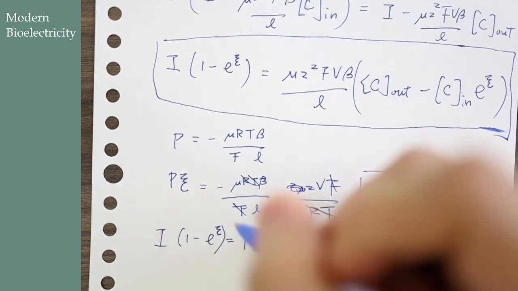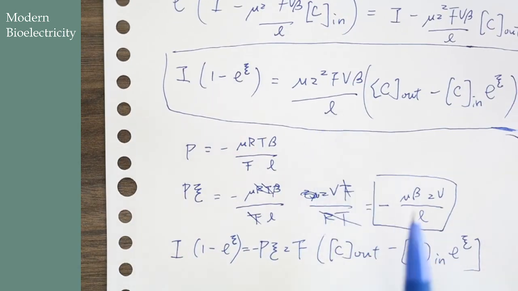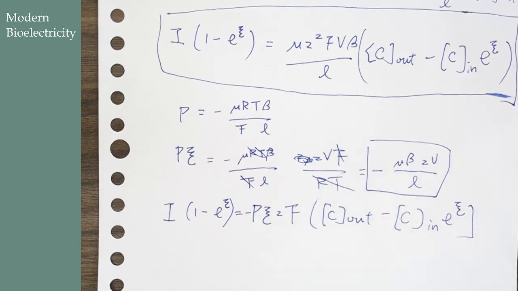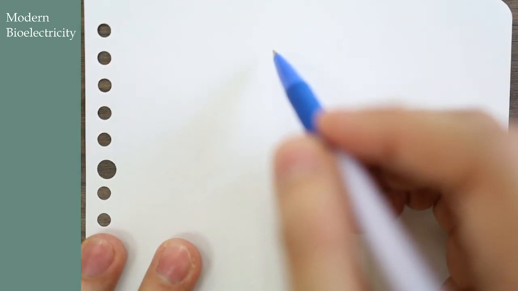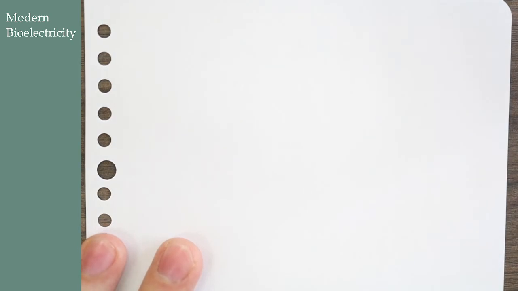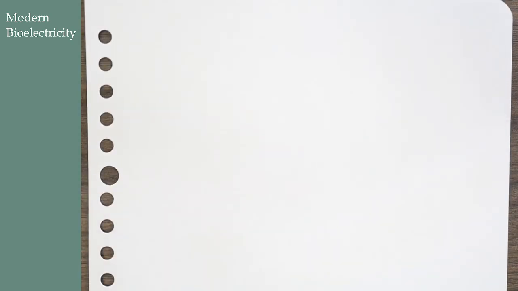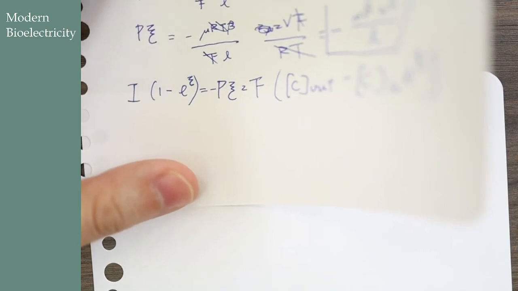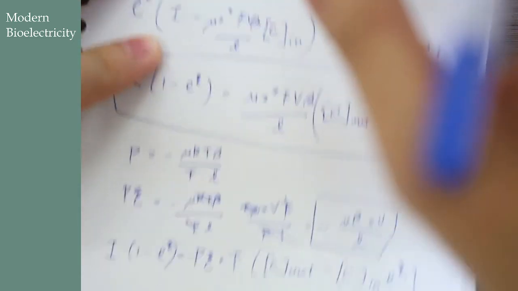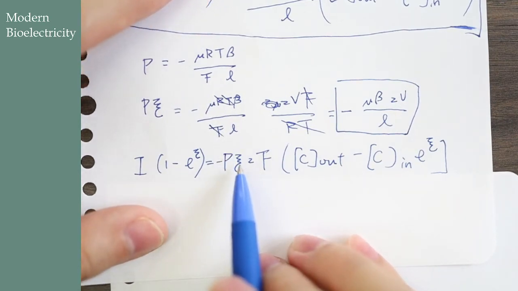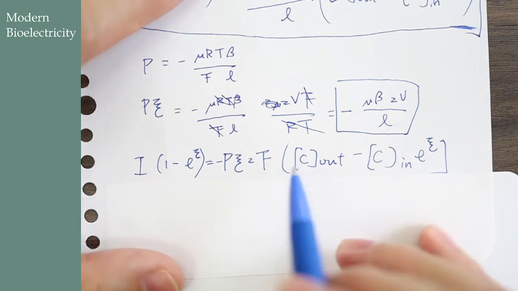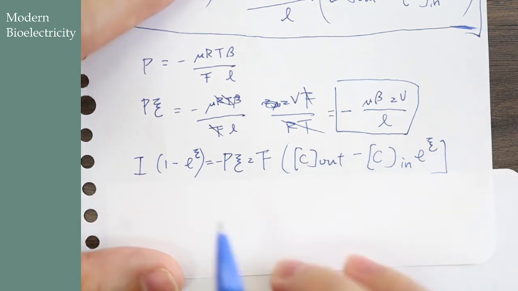That is negative, so we have a negative here, right? E. Okay, now we have this: 1 minus EC is equal to minus PCZF times C out minus C in EC, right?